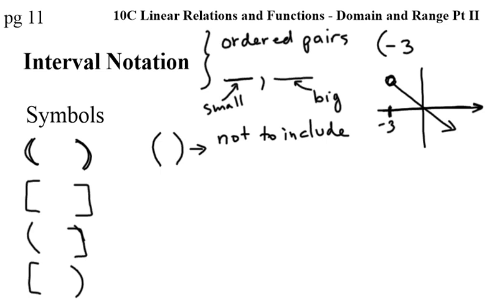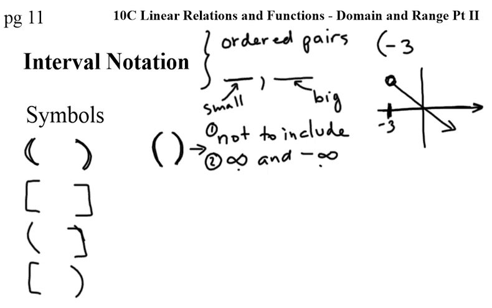But besides not including, round brackets are also used for infinity and negative infinity. Negative infinity and infinity always have round brackets. My sort of reasoning is infinity and negative infinity aren't specific values. So we don't know exactly specifically what they are. So whenever I put an infinity or negative infinity, I would use a round bracket.